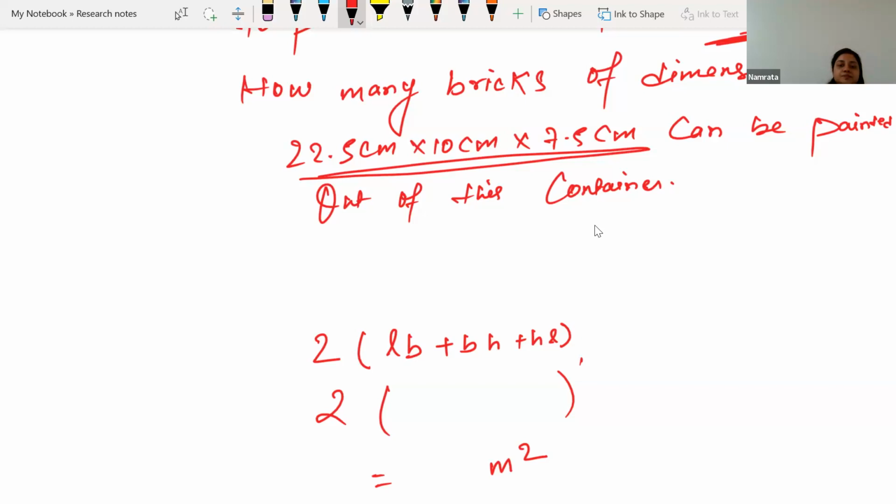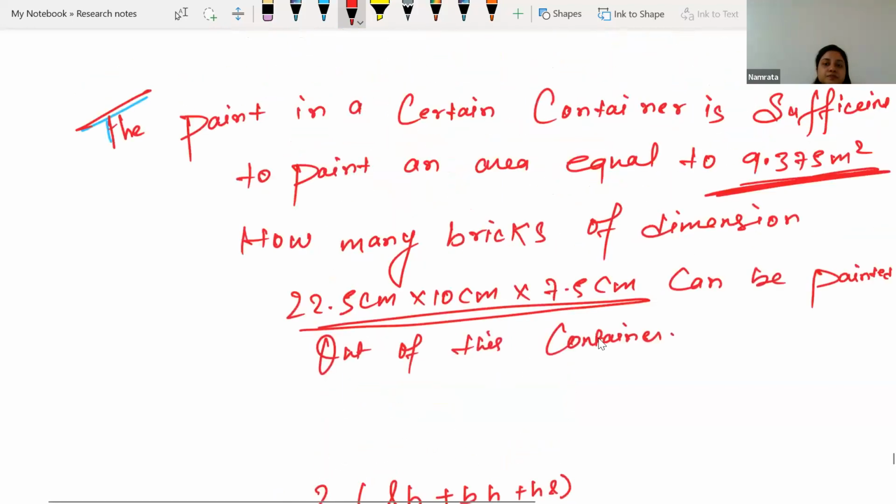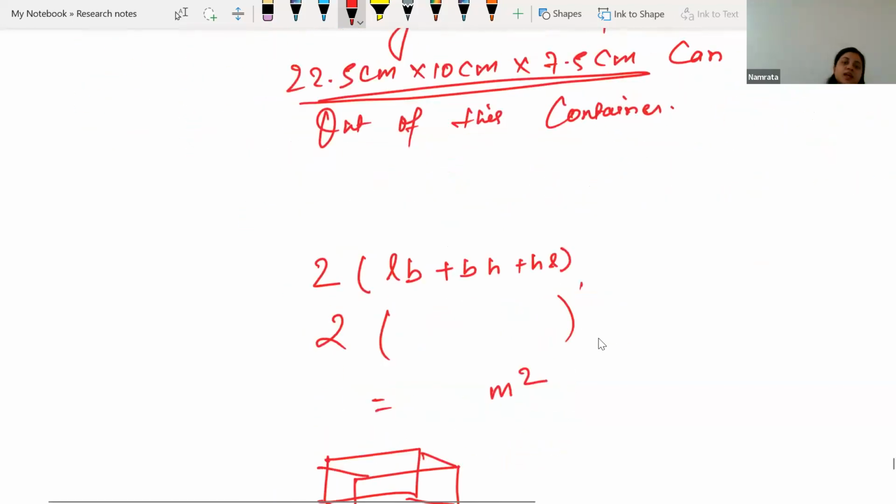So we got area as 937.5 meter square. This is what you will be getting as the area of one brick.